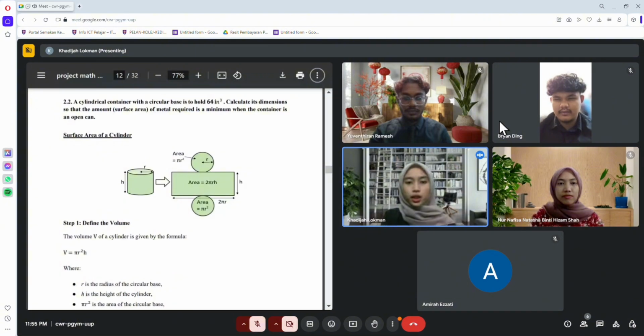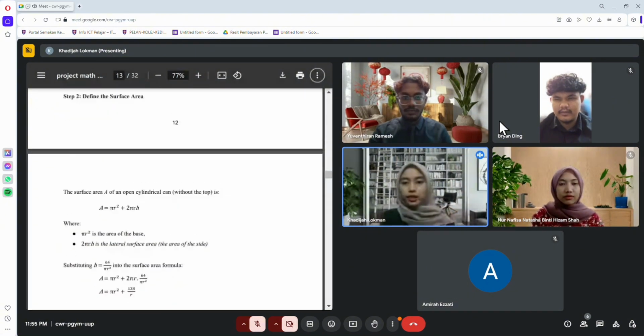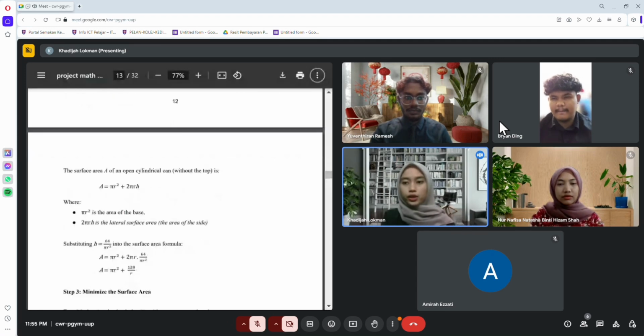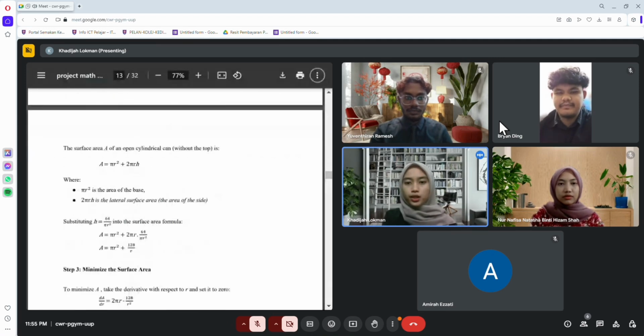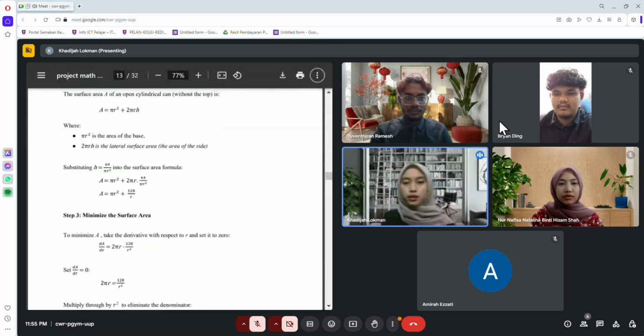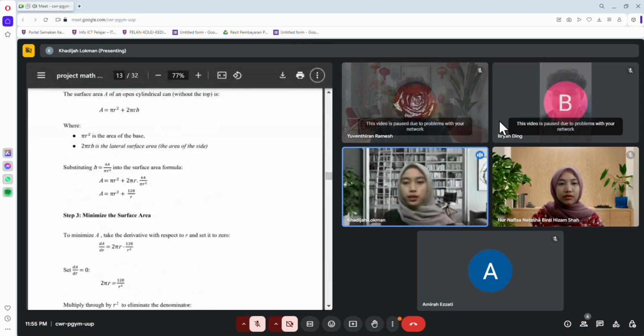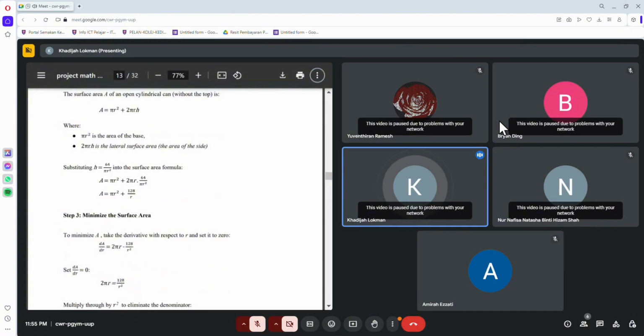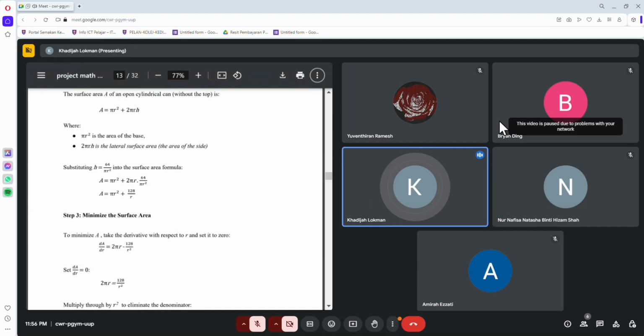Step 2, define the surface area and substitute h into the surface area formula to get pi r squared plus 128 divided by r. For step 3, minimize the surface area and solve for the height. Let's substitute r into the volume equation to find h. The final dimensions are a radius and height of 2.17 inches.